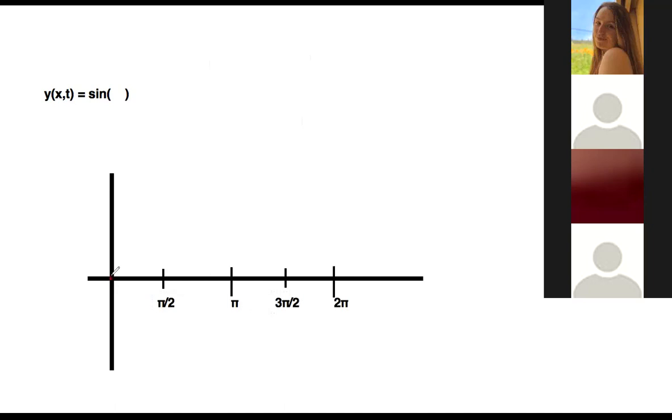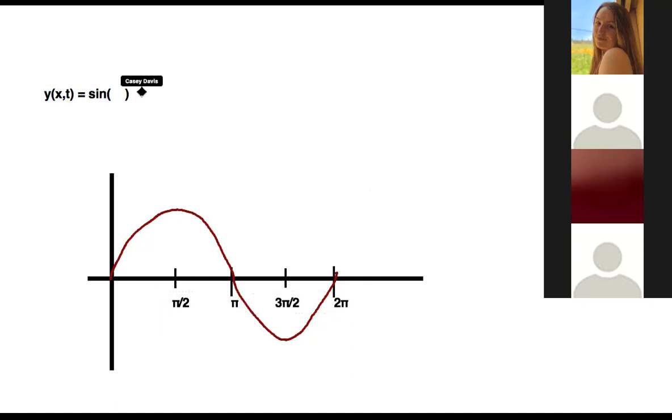It goes up to a maximum at pi over 2, then back down to 0 at pi, to a minimum at 3 pi over 2, and back up to 0 at 2 pi. Something like that. Let me shift that a little bit. So there's our default sine graph.